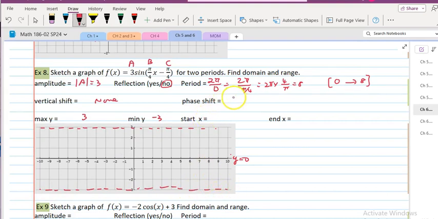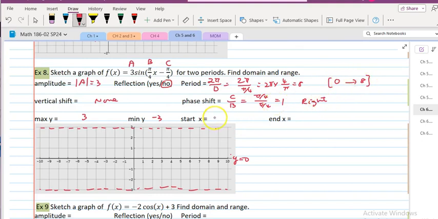The phase shift would be C over B. In this case, C is pi over 4, B is also pi over 4. That is equal to 1 and is on the right side because we do subtraction.